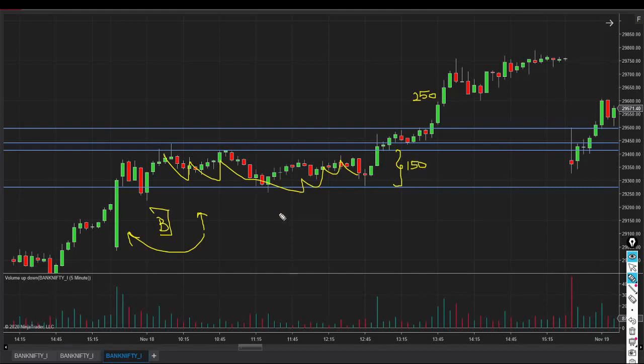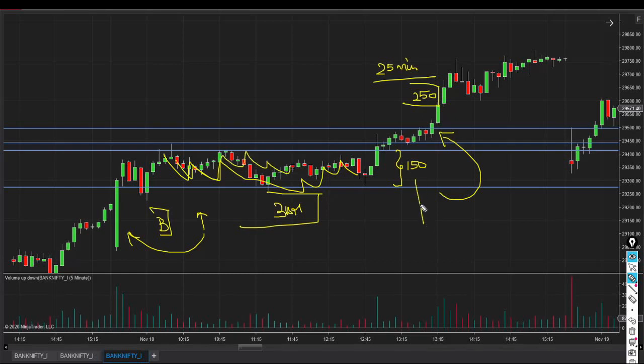That is, for 3 hours price is trading in a 150 points range. And when our pattern emerged, look at the price move, 250 points move in just less than 25 minutes. In less than 25 minutes, 250 points move, whereas the earlier morning sideways or balanced auction was 3 hours with 150 points Bank Nifty move.